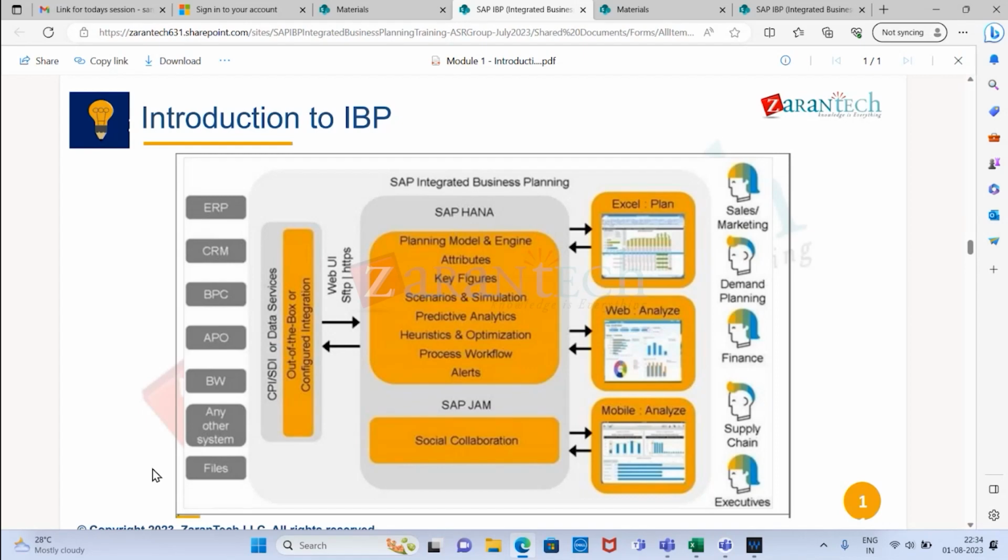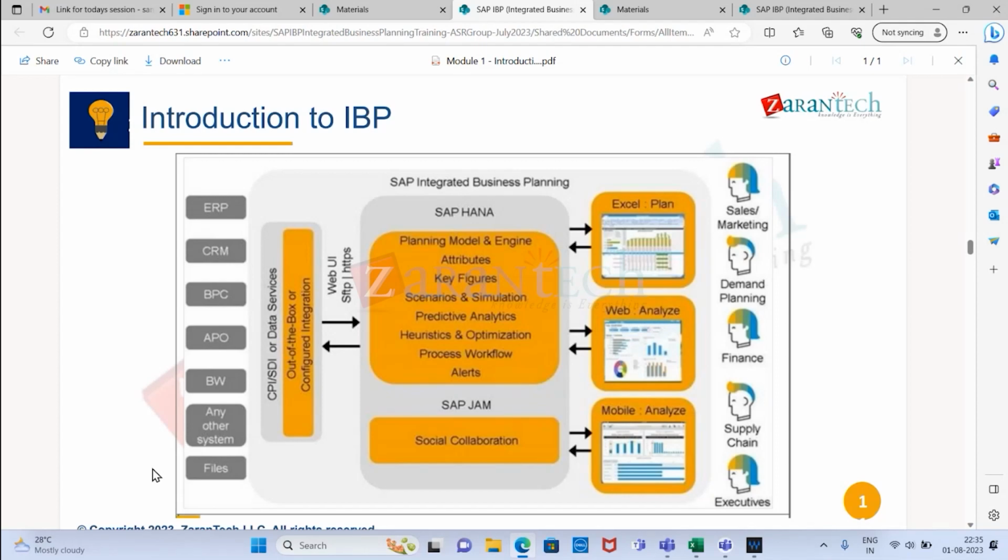Similarly, the way a normal planner does planning in an Excel file, which is predominantly a manual activity, SAP APO does in the same format with all the automated functionality. It will consider everything which is set in the master data, and it will generate a meaningful requirement plan.